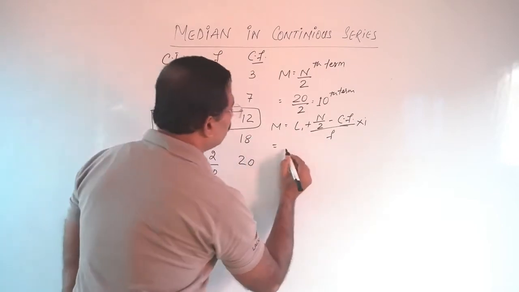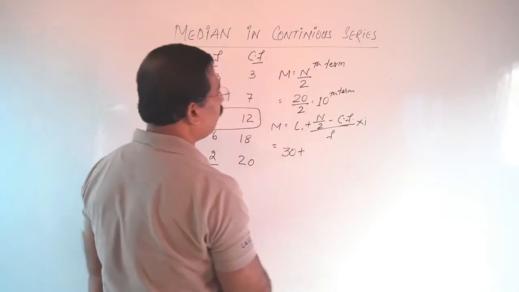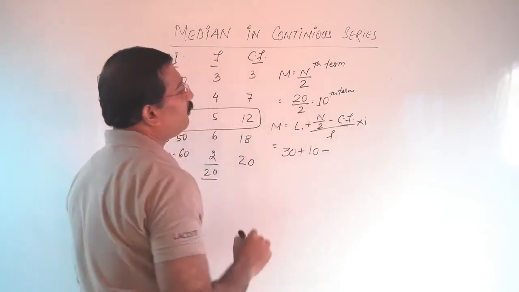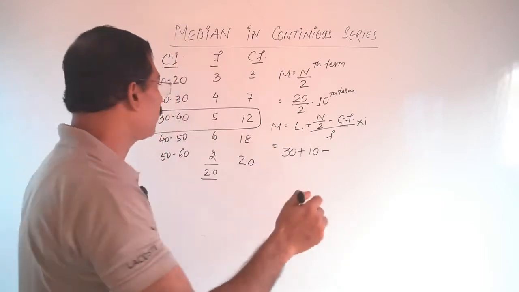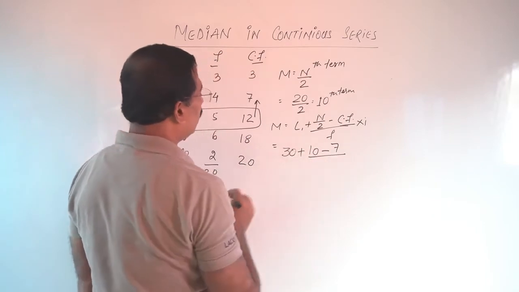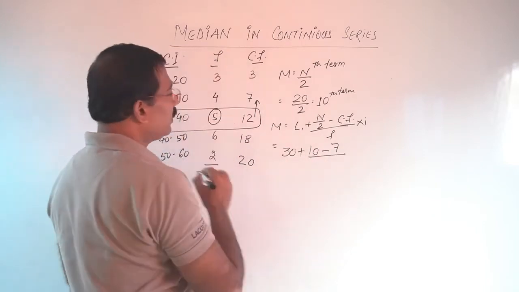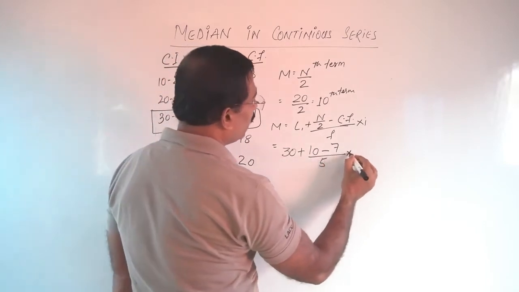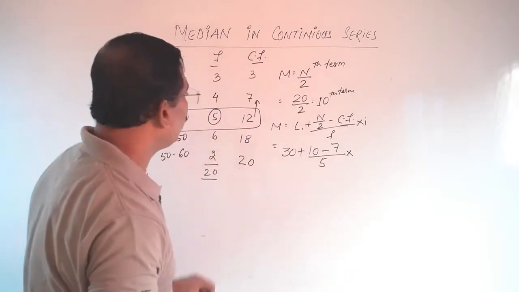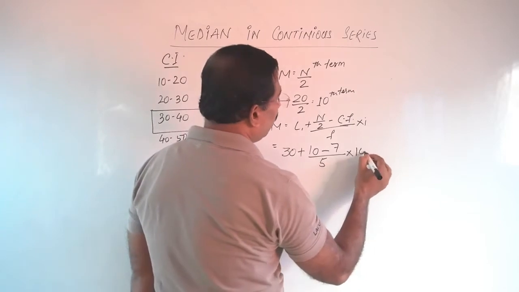L1 is what? 30, plus n by 2, that is 10. CF means preceding cumulative frequency, that is 7. Then F, frequency, is 5, into I means interval, that is the difference between 30 and 40, so here will be 10.